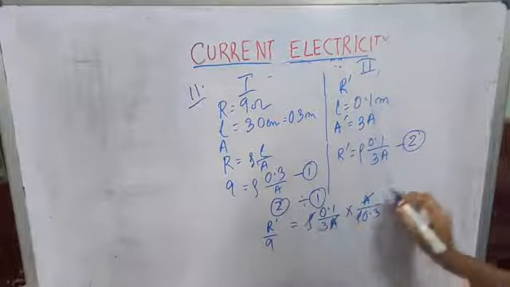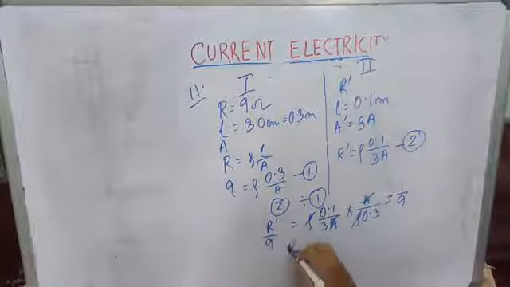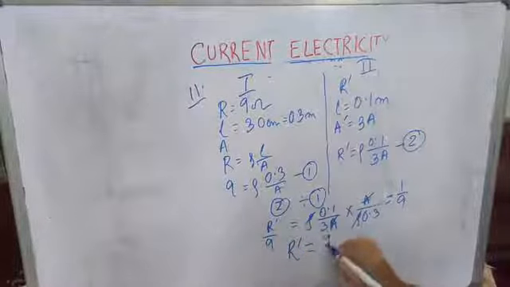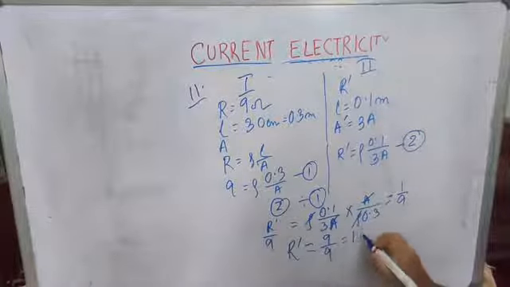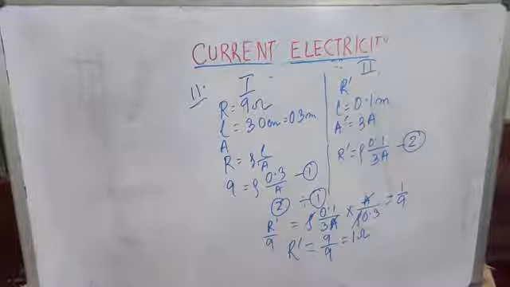Rho is cancelled, and we get this equal to 1 by 9. So what is the value of R dashed? Transposing 9 to this side, R dashed is equal to 9 by 9, that is 1 ohm. Okay, this is one question from your book.